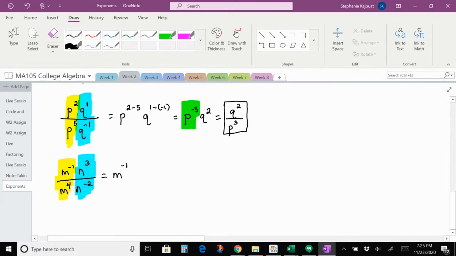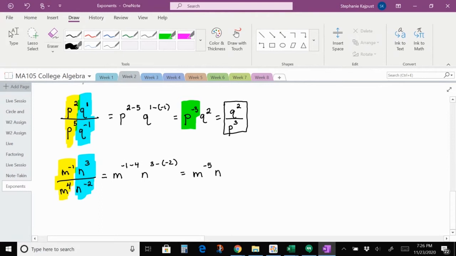So for m, it's the top minus the bottom, so that's going to be -1 minus 4. And then n, it's 3 minus -2. And so when we simplify, -1 minus 4, we get -5 on our m.